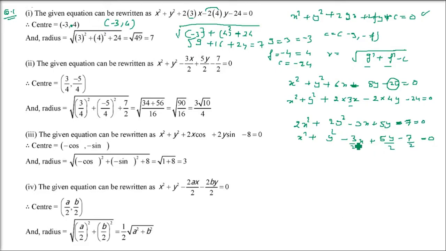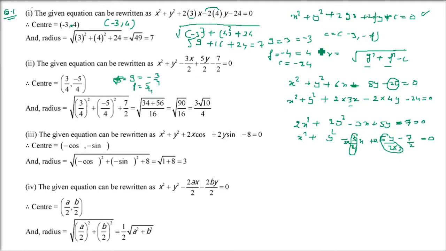Now you need 2gx here, so you need a 2 here. Multiply by 2, so you have to divide by 2 also. So g is minus 3 by 4. Coming to f, if I want 2, I have to multiply by 2 and divide by 2.